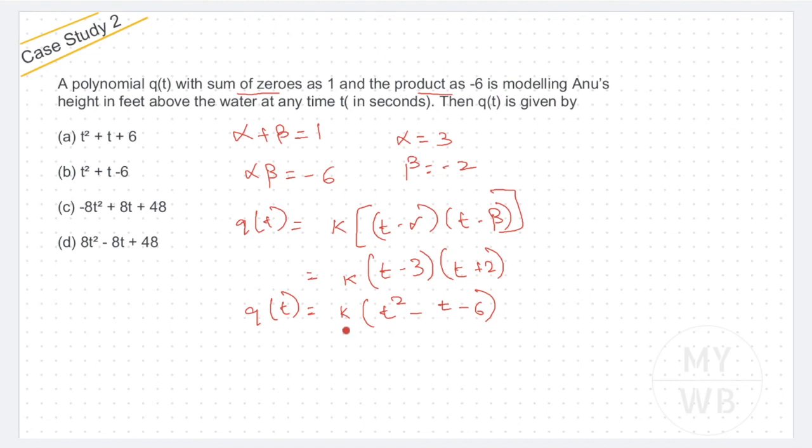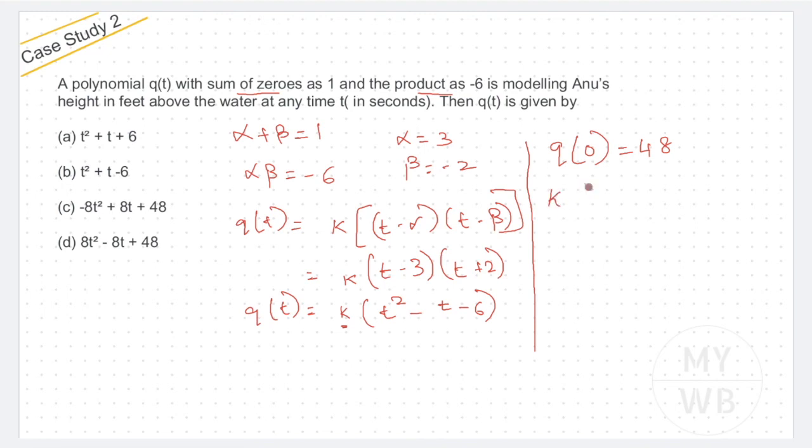We need to find the value of the constant k. Here again the same logic. When the time is 0, that is q of 0 will be 48, because when t is 0, the girl is standing right on the board, which is 48 feet above the water level.